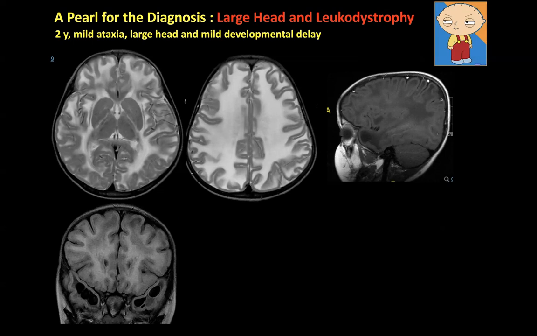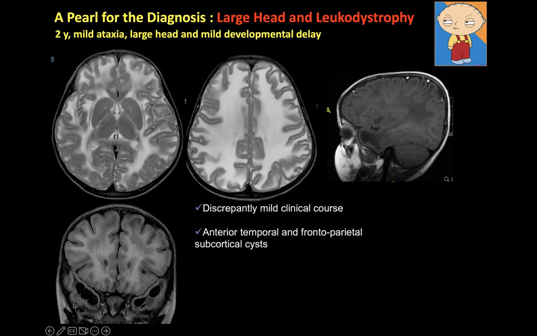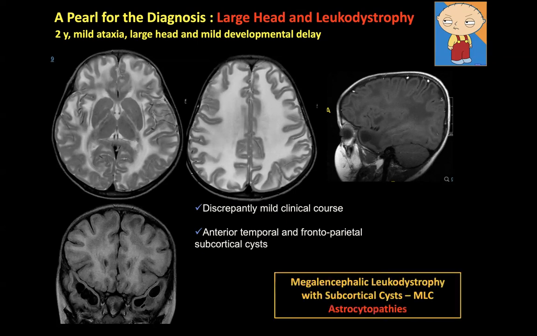Look at this case, again large head, but we don't really have involvement of the basal ganglia, and we have this cystic vacuolization of the temporal lobes. And we also have help from our clinician with this discrepantly mild clinical course with the horrible looking brain: anterior temporal cyst, large head, typical of megalencephalic leukoencephalopathy with subcortical cyst.